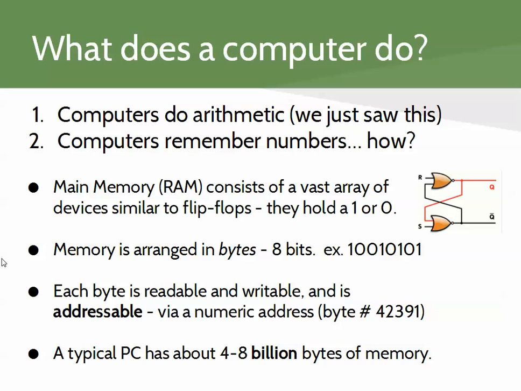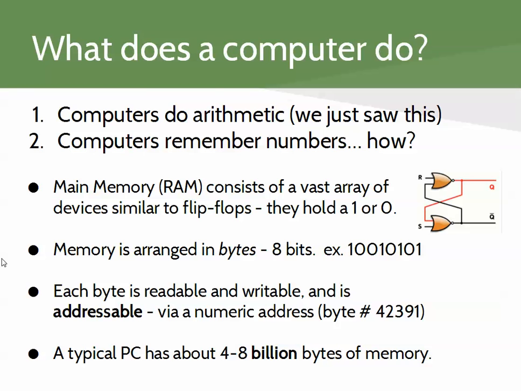All right, so I will remind you about what a computer does. One of the first things that we covered in this course was that computers really don't do much. They do arithmetic, and they remember numbers. And how they remember numbers was using devices similar to the flip-flop, a simple circuit that can hold a charge of 1 or 0. We explained that any piece of data is really just a series of 1s and 0s, with each bit, each 1 or 0 digit, representing some sort of physical electrical device that can hold that state.